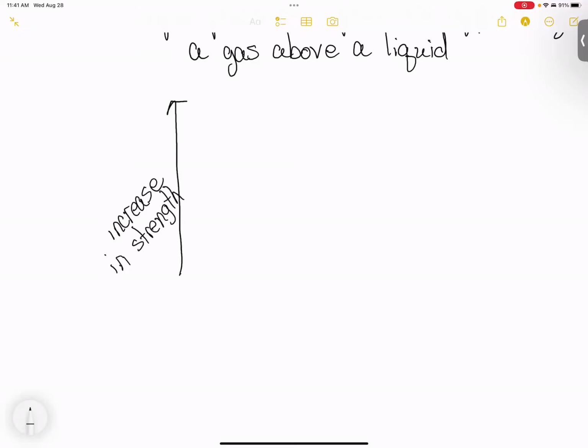The reason you got to know those intermolecular forces is because if it has London dispersion forces, which were those weak forces, then the molecules are not held very tightly. If it has dipole, the next one in line is dipole-dipole forces.